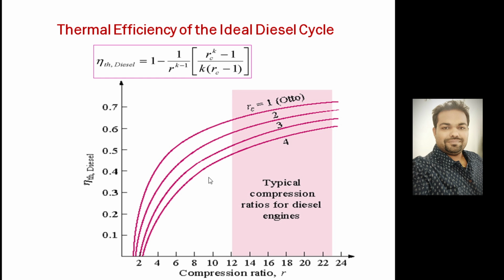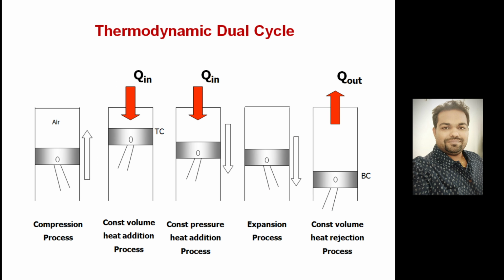The Otto cycle has a range between 8 to 10 only, but in this case the compression ratio range has increased. But for the same compression ratio, the efficiency of a diesel engine will be lesser than the Otto cycle. That's the main drawback.